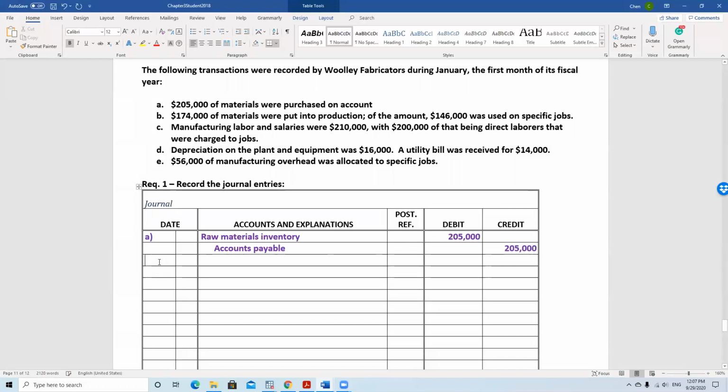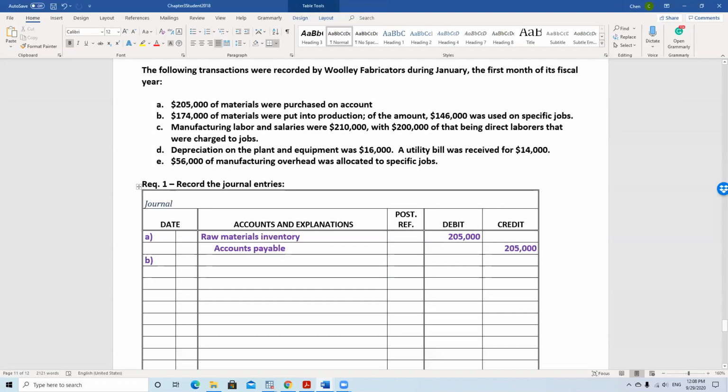And then B, this amount of material was put into production. Of the amount, 146 were used on specific jobs. What does that mean? This amount was used on specific jobs. So that means this material is direct material or indirect material? Correct, these are direct material.